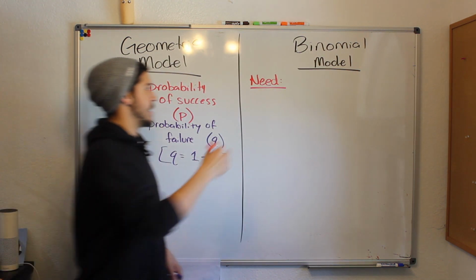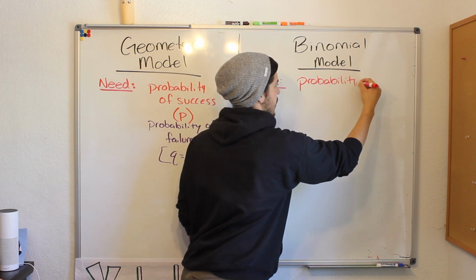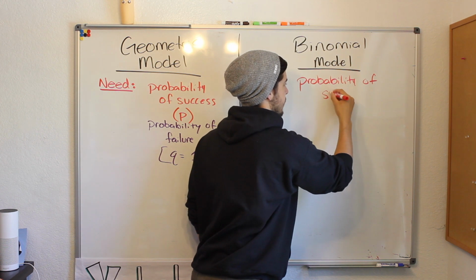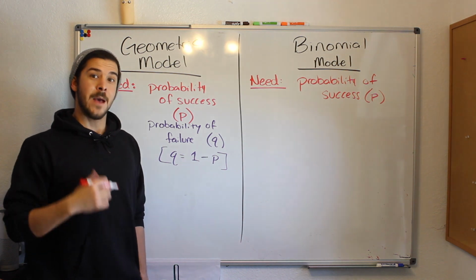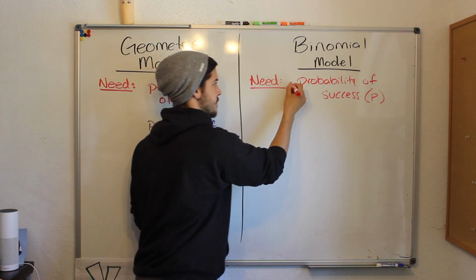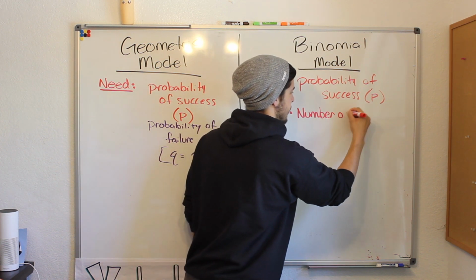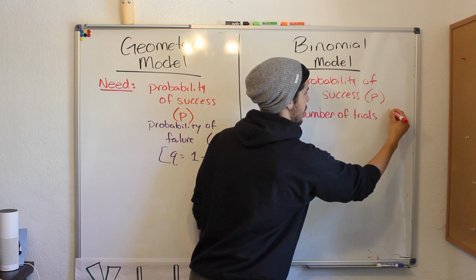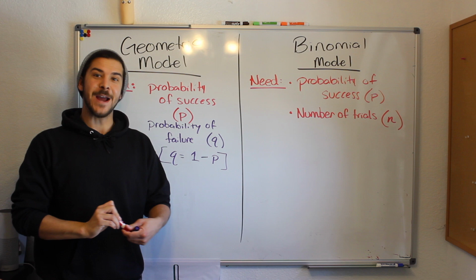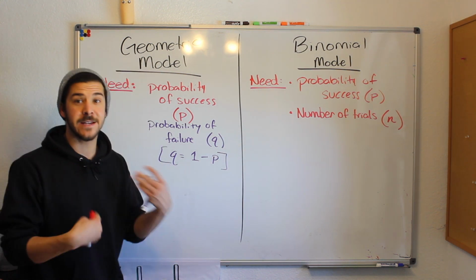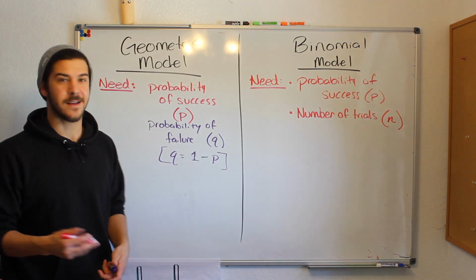We also need the probability of success, which we call P. But we also need to know the number of trials, which is denoted N. If in a binomial model we're trying to figure out how many times we succeed, we need to know how many times we're trying to do that thing.